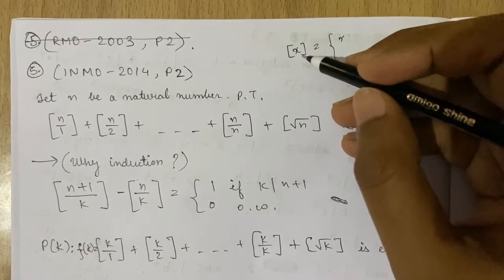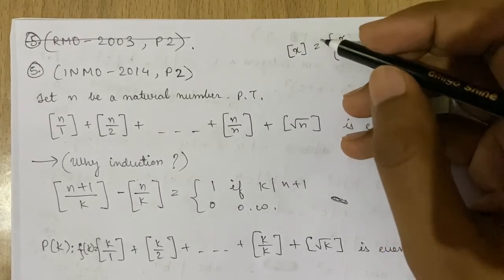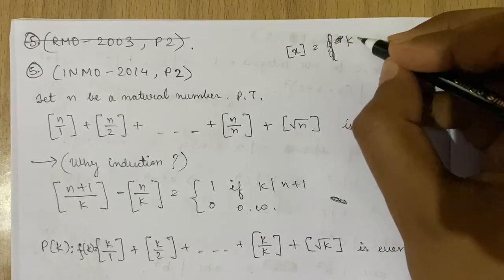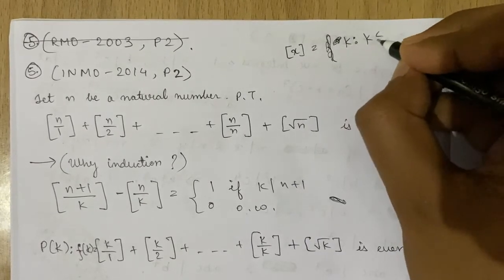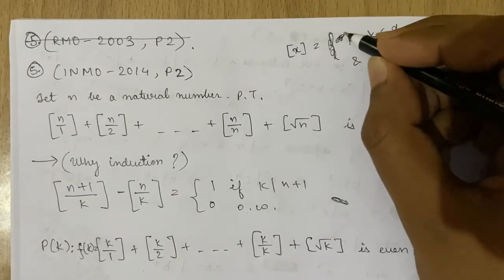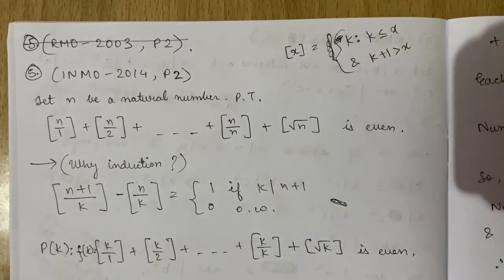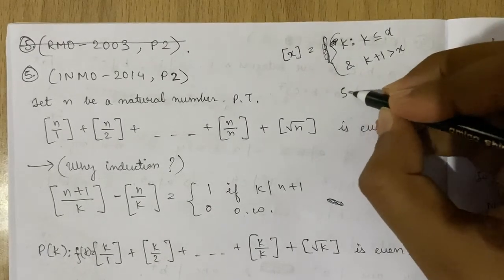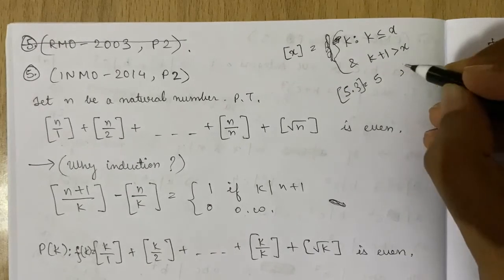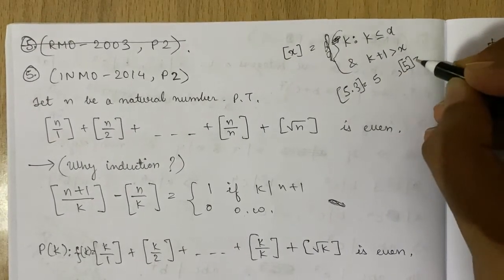So the greatest integer of x is basically the highest integer which is less than or equal to x. So it is k such that k is less than or equal to x and k plus 1 is greater than x. So the greatest integer of 5.3 is 5. The greatest integer of 5 is 5 itself.